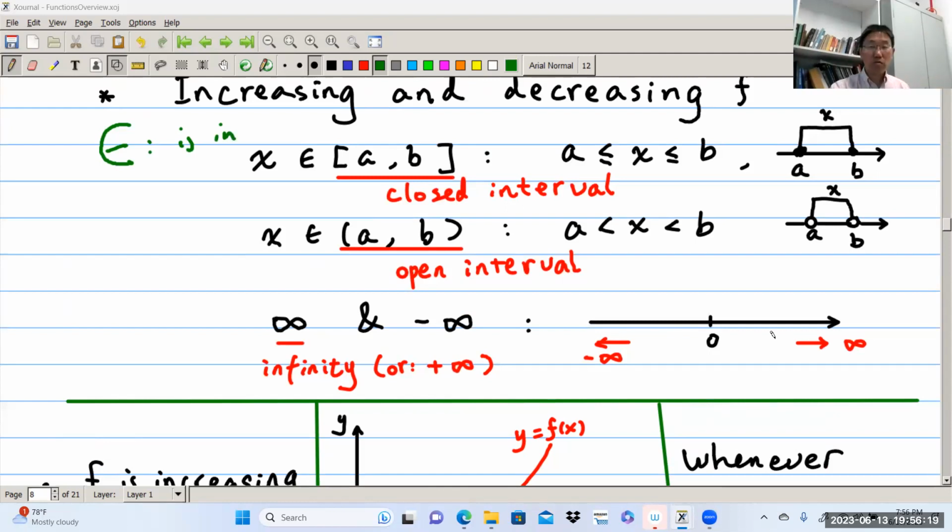I hope you are also familiar with these two notations. This is called infinity, negative infinity, positive infinity. So if x is any real number, you can say x is in the interval from negative infinity to positive infinity. So this interval represents all the real numbers, or the whole real number line.